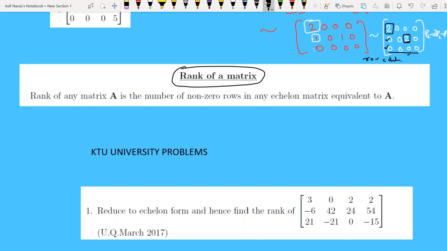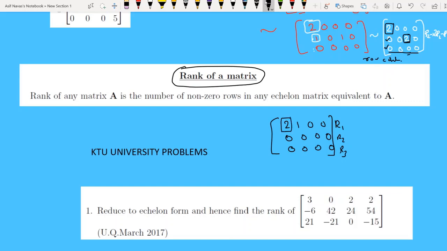For example, like this: 2 1 0 0 0 0 0 0 0 0 0. Here R1, R2, R3. That means R2 and R3 are completely 0, right? Yes, sir. And now what you have to check is what is the pivot.